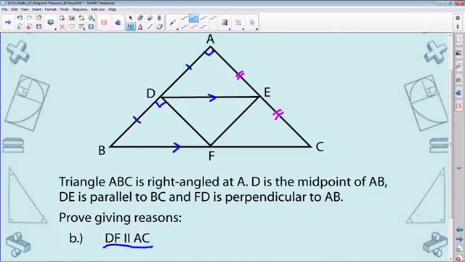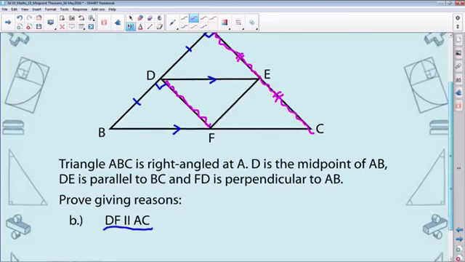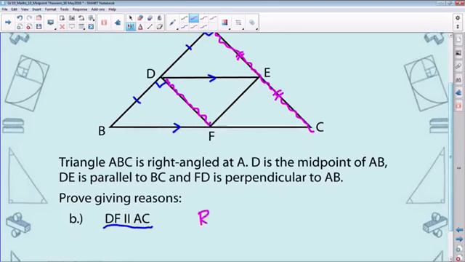Now we need to show that DF, that line, is parallel to AC, that line. Oh, and we did speak about this in the beginning. I'm going to start by saying required to prove. And I'm required to prove that DF is parallel to AC. Let's make that a C.